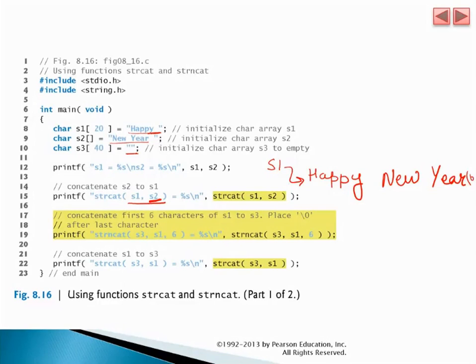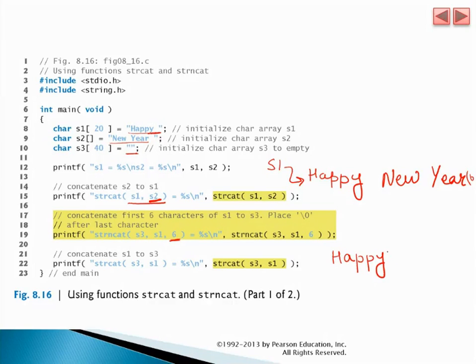If we write n, then only that many characters that we have mentioned will get concatenated. So we are saying S3, comma S1 and 6. What is S3? S3 is nothing. And we have to copy 6 characters from S1. So happy will get copied along with the space.